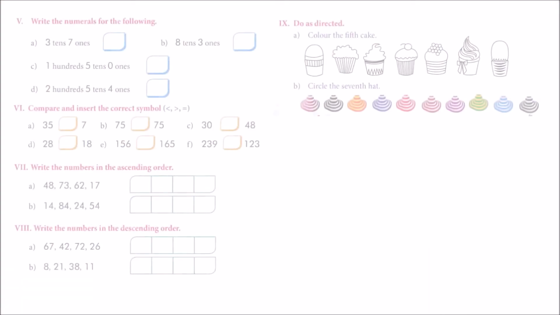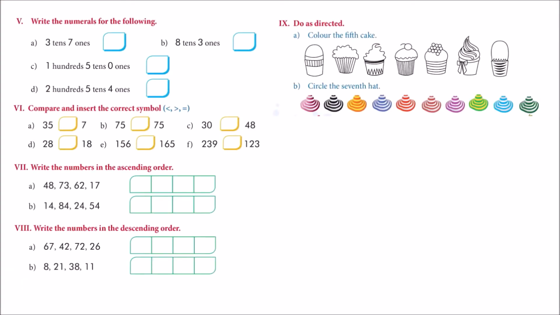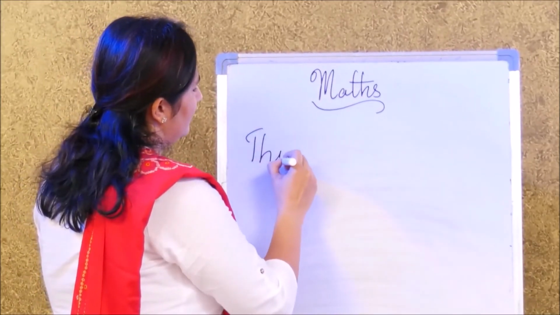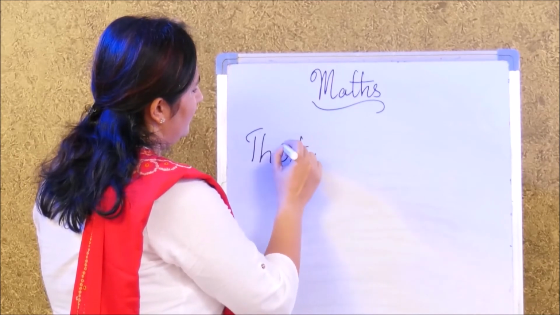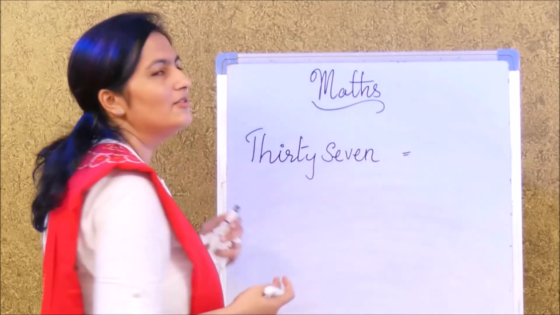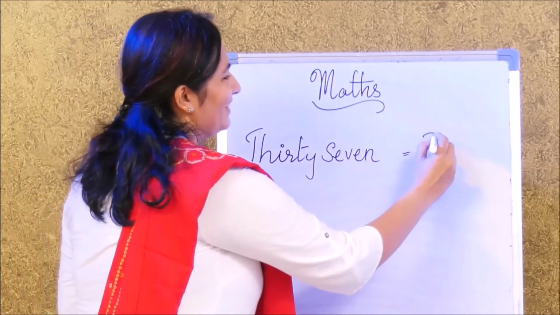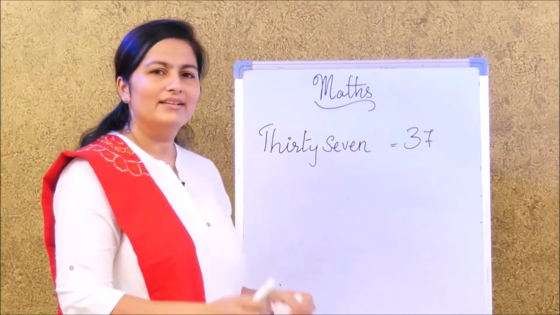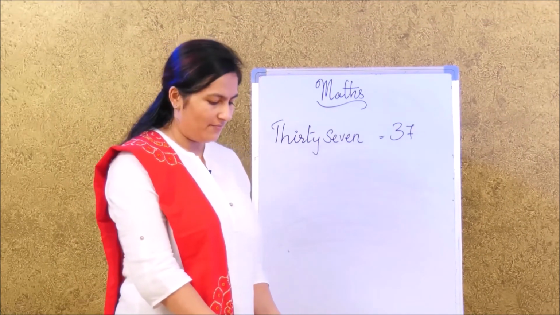Page number 44, write the numerals. So, the numerals, this is 37. This is the number name, so 37. So, take a look at those and fill in the rest of the blanks.